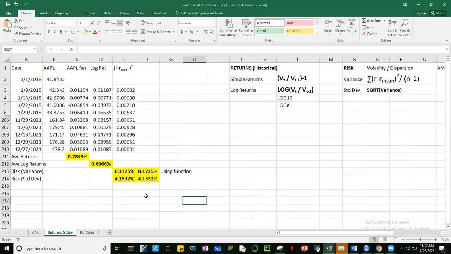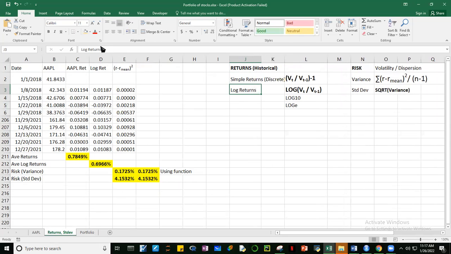So what we did last time was to compute for the returns. Okay, we use simple returns, otherwise known as discrete returns. Okay, and then we also learned how to compute for the log returns, which is otherwise known as continuous returns.